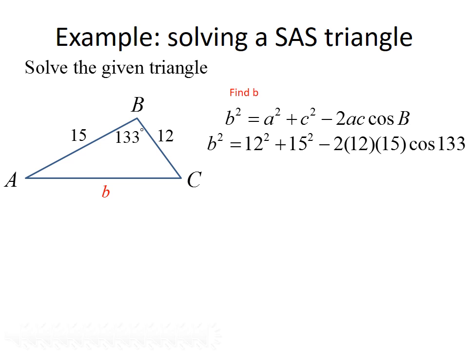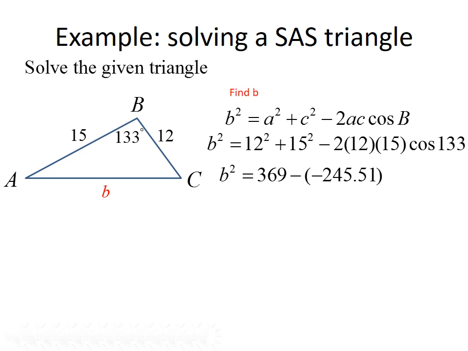So we plug in the information that we know. That's going to give us b squared equals 12 squared plus 15 squared minus 2 times 12 times 15 times the cosine of 133 degrees. We can simplify a little bit using our calculator. 12 squared plus 15 squared will give us 369, and 2 times 12 times 15 times the cosine of 133 degrees will give us negative 245.51.